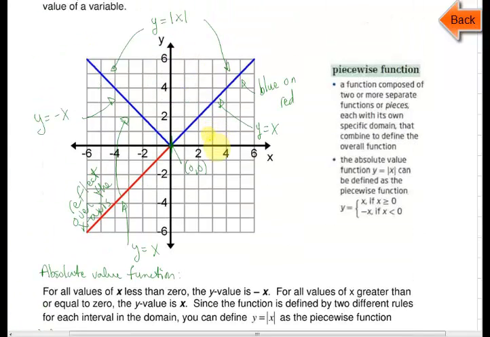So that means that this part of the graph, y equals x, is true when x is greater than or equal to 0. And y equals negative x for your absolute value is true for when x is less than 0. So you can see this is where your piecewise function comes in. All right, here and here.